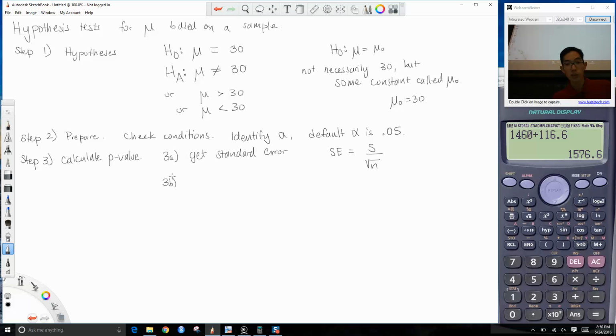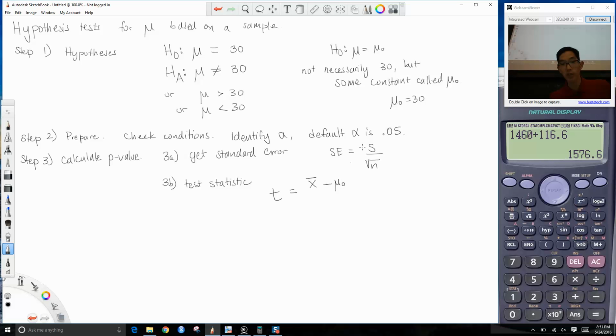Then what's the next thing we do? We get our test statistic. The test statistic is the difference between the reality and the expectation, right? So here, our test statistic is not z, but t, and t is equal to x bar minus the value mu 0.